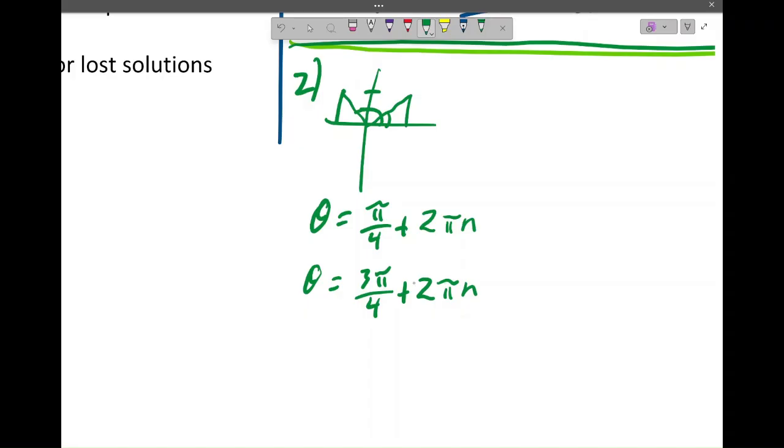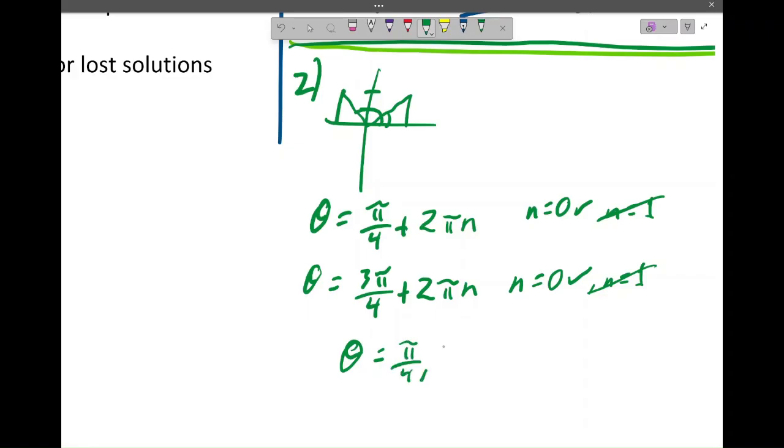And this will be 11 pi over 4, which again is too far. So our only values that work are when n equals 0, not n equals 1, and same thing for this part. So our solutions from here are that theta has to be pi over 4 and 3 pi over 4.